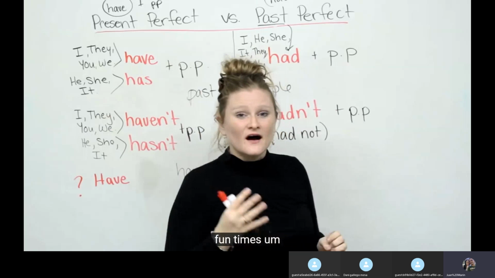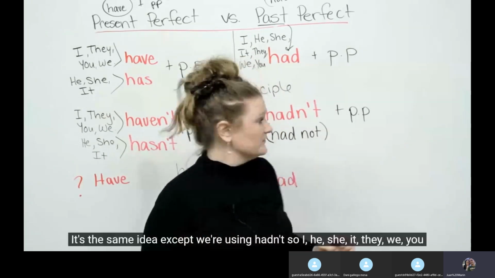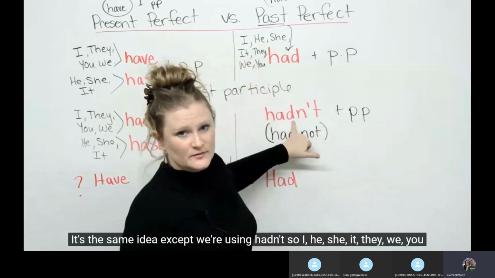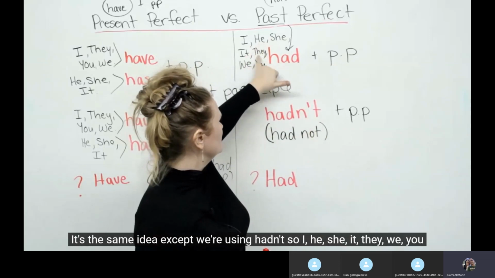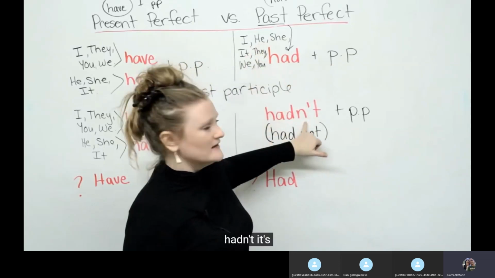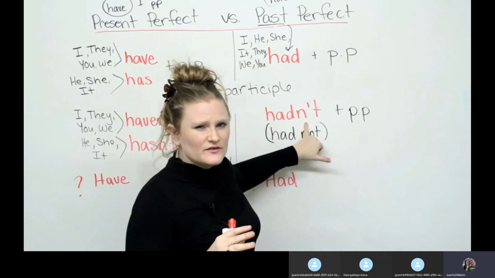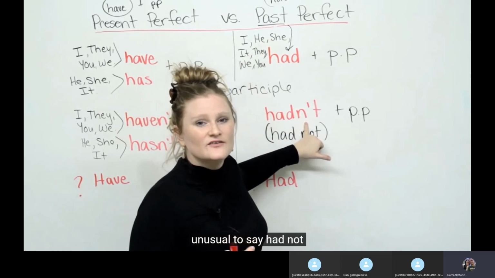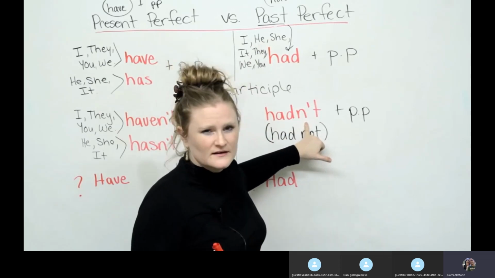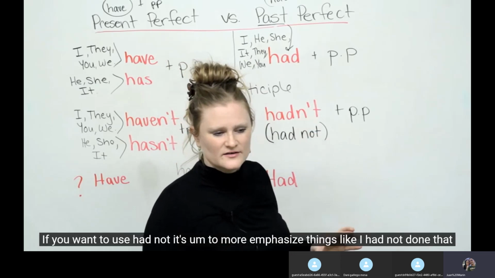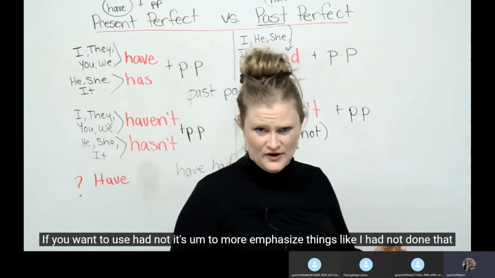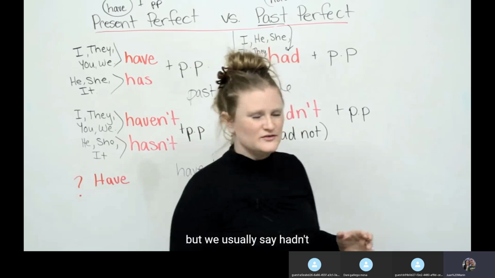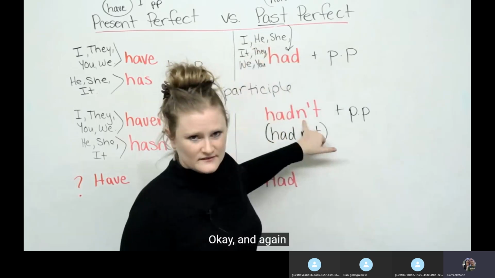Fun times. When we use the negative, it's the same idea, except we're using hadn't. So I, he, she, it, they, you, we, you, hadn't. It's unusual to say had not. If you want to use had not, it's to more emphasize things like I had not done that, but we usually say hadn't.